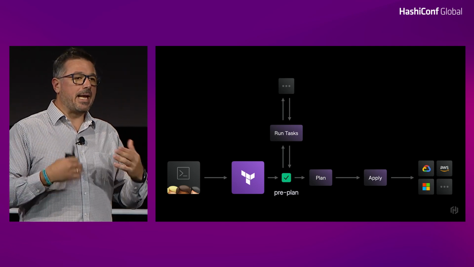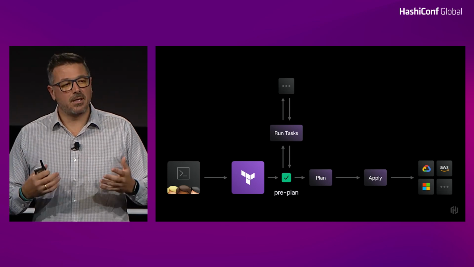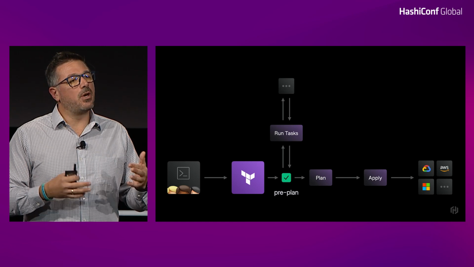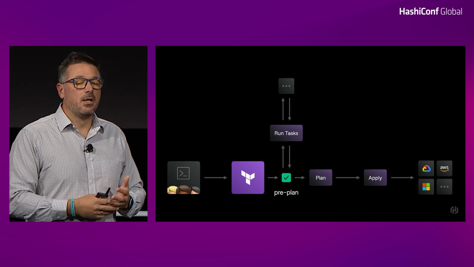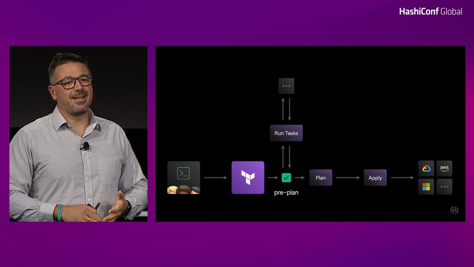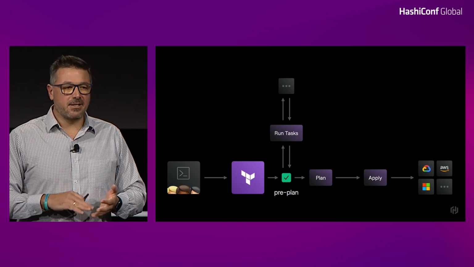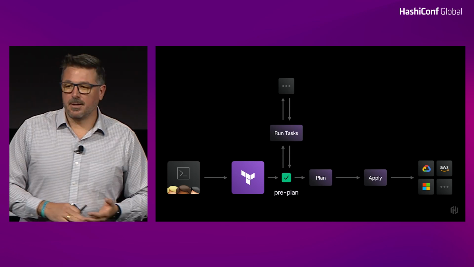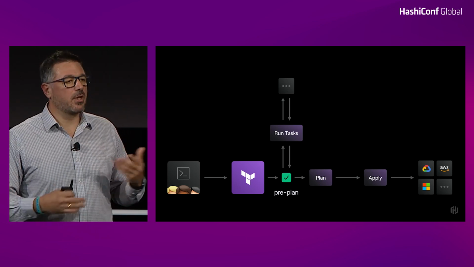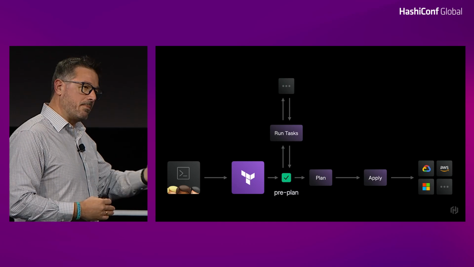And by enabling this functionality, you can actually do checks on the code itself. So what kind of analysis can we do on the code, whether it's linting or fishing for secrets that shouldn't be there, or anything like that, that you can actually prevent the plan from even happening if you integrate at this stage, right? So any checks on the configuration itself will be placed in the pre-plan run task.